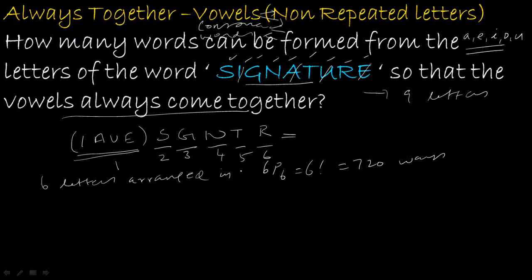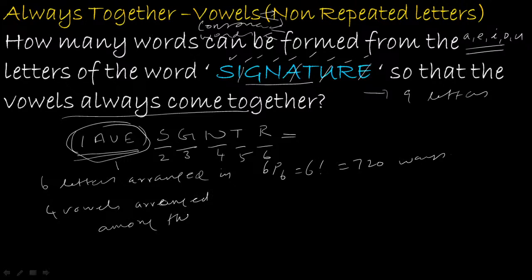Next, the problem is not over up to this. Next, look at the vowels. There are 4 vowels. The 4 vowels can be arranged among themselves in 4P4 ways.